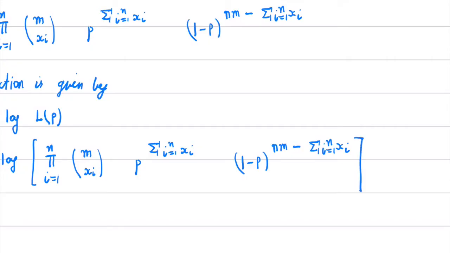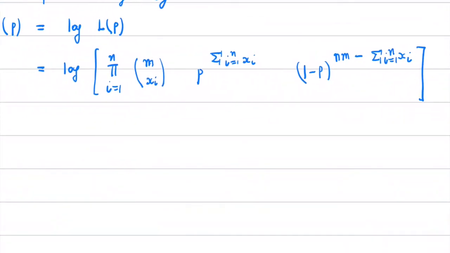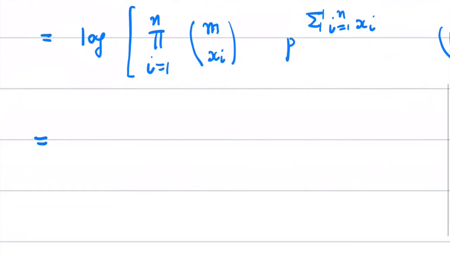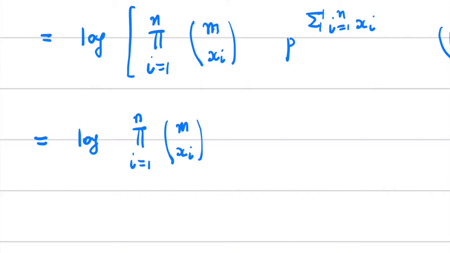Now it becomes a little bit interesting, because the first step when we deal with logs is, remember, the log of a product is the sum of logs. So this becomes log of the product i equals 1 to n of m choose xi.